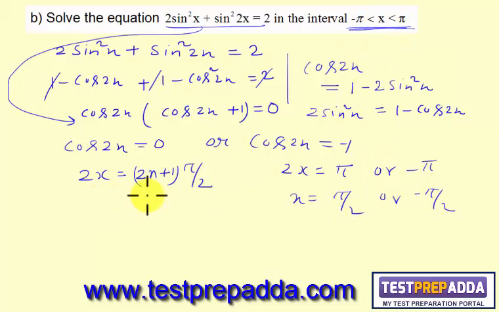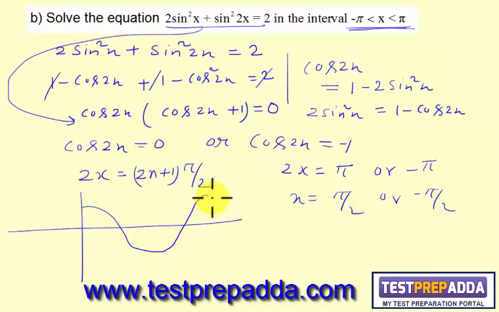And in this case, if I substitute the values of n as 0, 1, etc., or with the help of the graph also, we can get 0, pi, 2 pi.